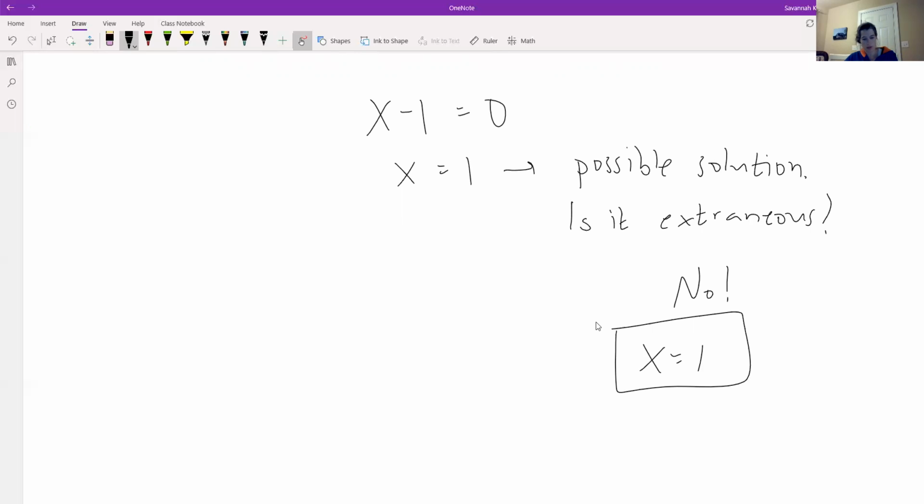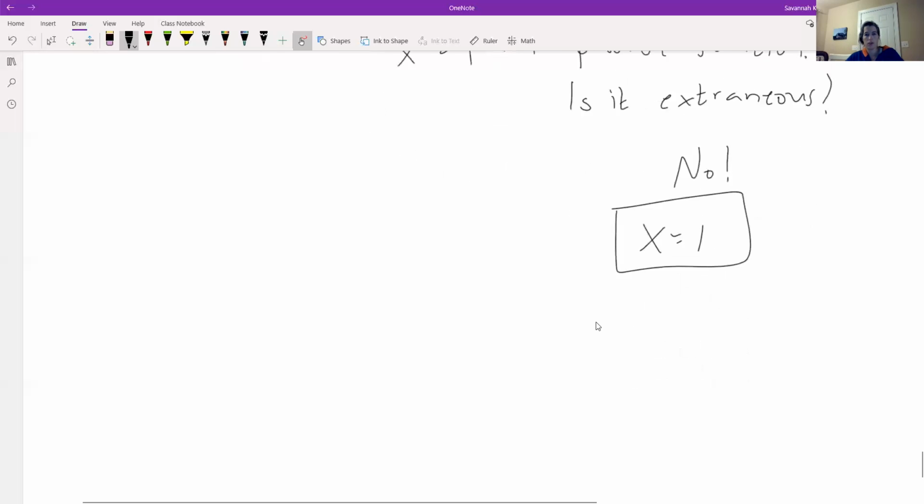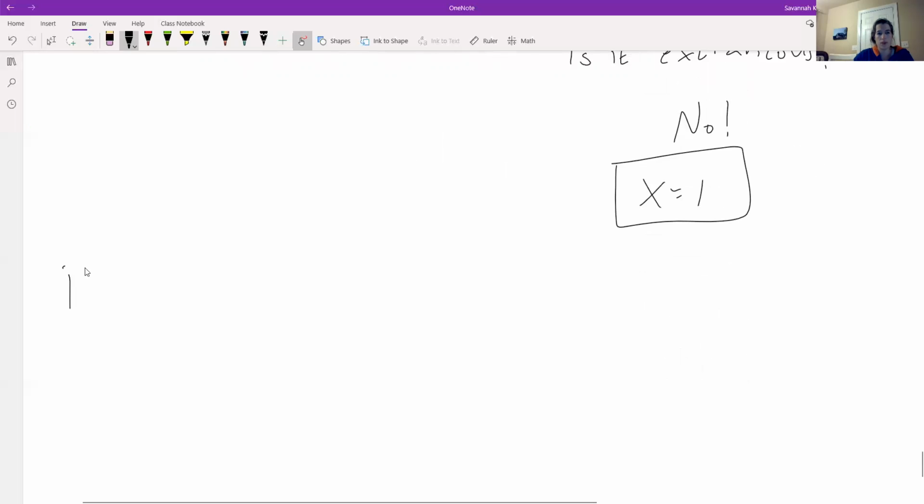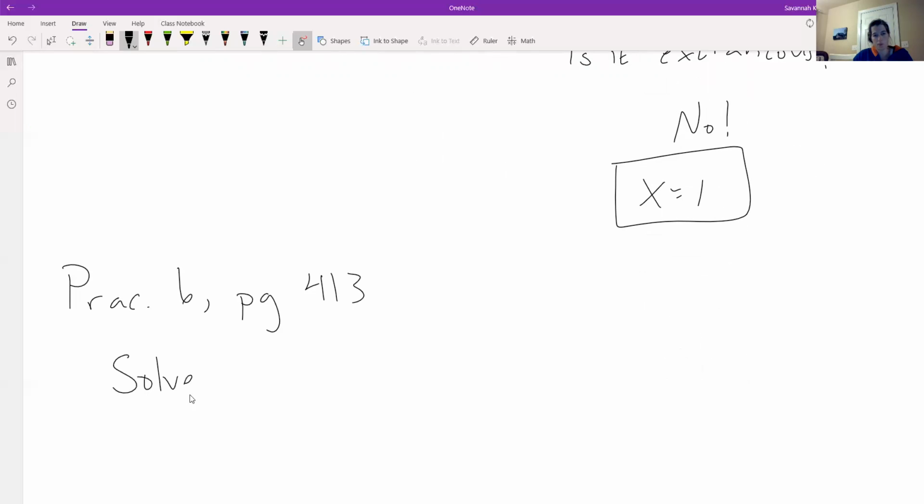Okay. For the last and probably most complicated of our practice problems, over on page 413, this has got z's instead of x's.